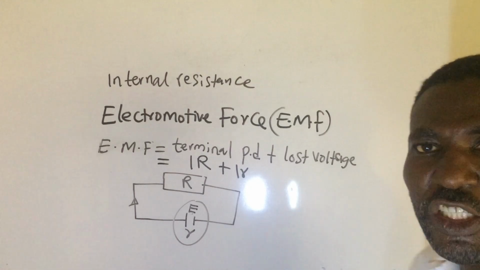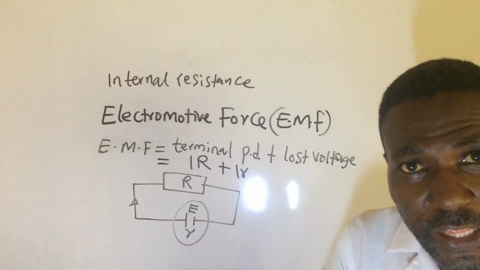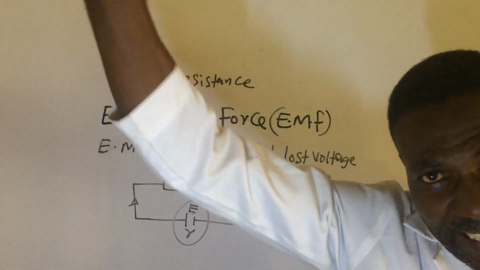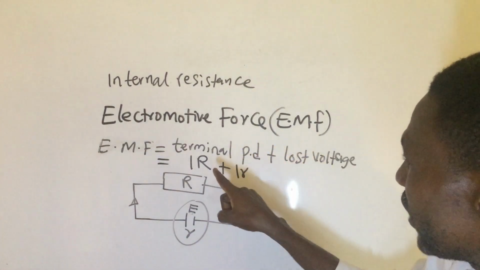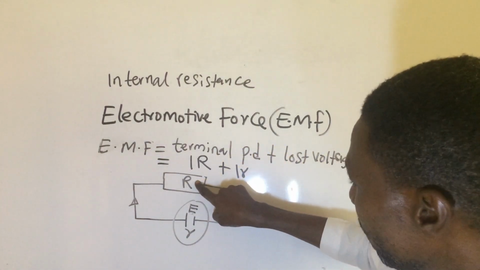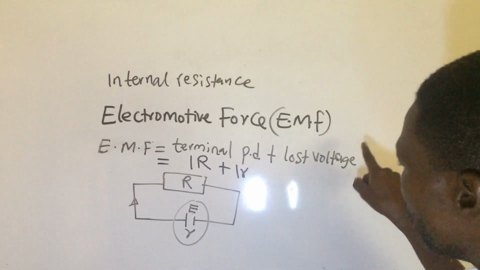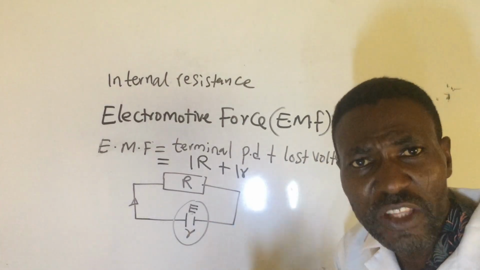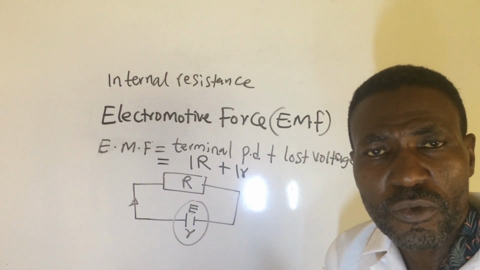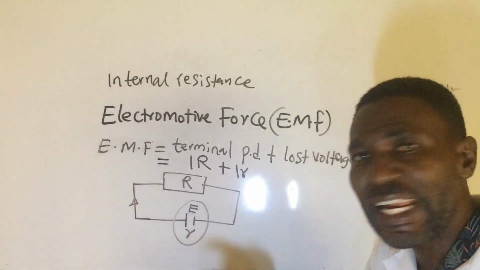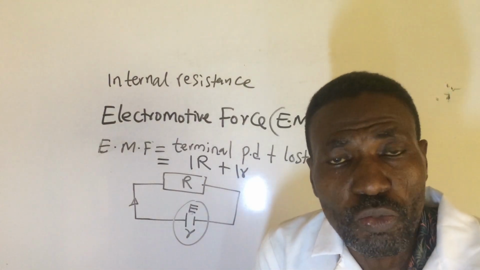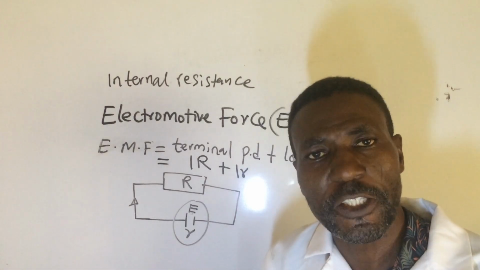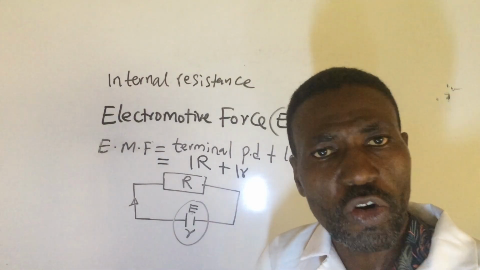This voltage does not get involved in the work across the external resistor. This lost voltage is only involved internally in order to conquer this internal resistance. You know, internal resistance tries to oppose the movement of the current. It tries to say, no, current, you are not going anywhere.